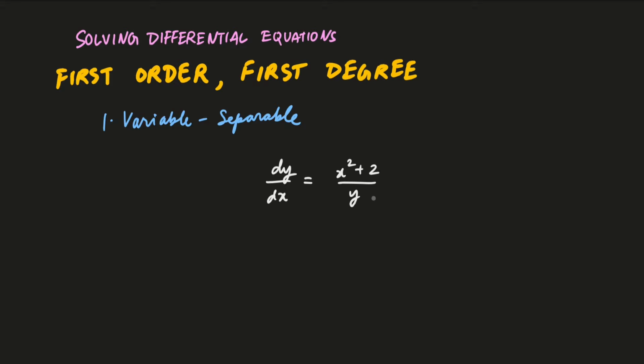In this equation, as you can see, we can separate the variables out, y on the left hand side and x on the right hand side. So we just cross multiply: y dy is equal to (x squared plus 2) dx. So we have all the y terms on one side, the left hand side, and all the x terms on the other side, the right hand side.